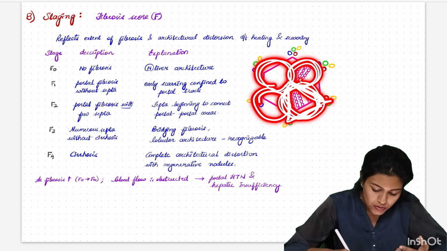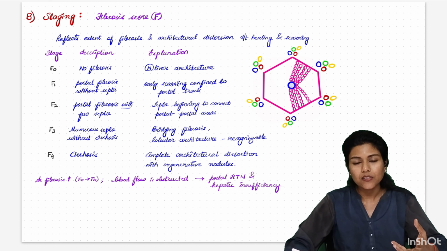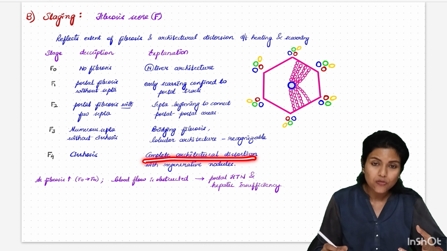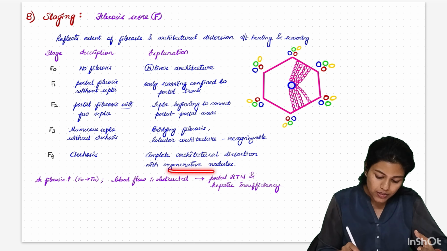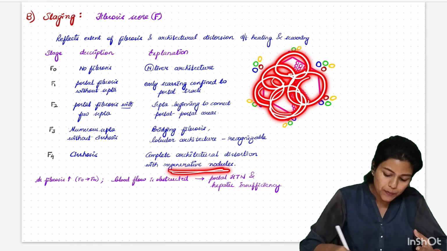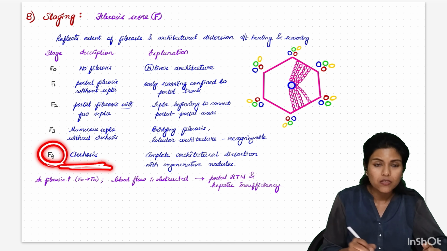These are called the nodules. Here you now cannot visualize the architecture. Normal architecture is not seen. So there is complete distortion of the architecture with regenerative nodules.